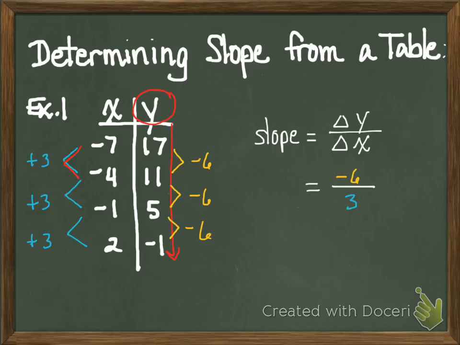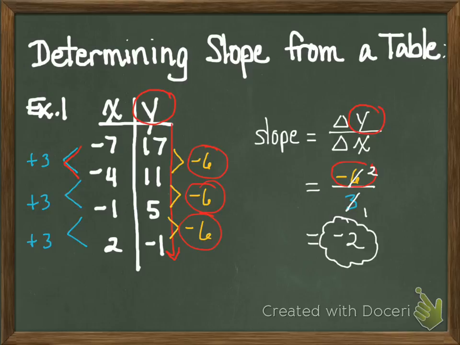So when we talk about the slope as the change in y compared to the change in x, we'll say that all of the y values are changing by -6 units, and all the x values are changing by 3 units. So I would reduce, and I would say the slope of the line represented by this table is -2. That means down 2 units for every 1 unit across.